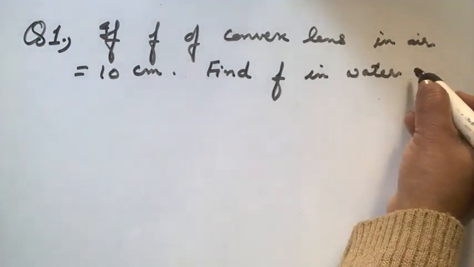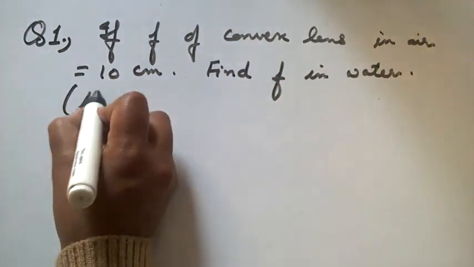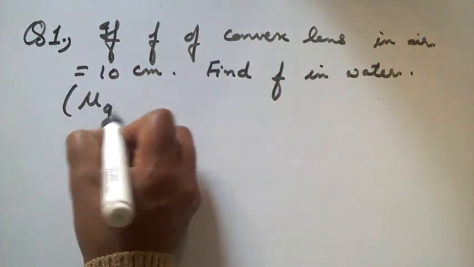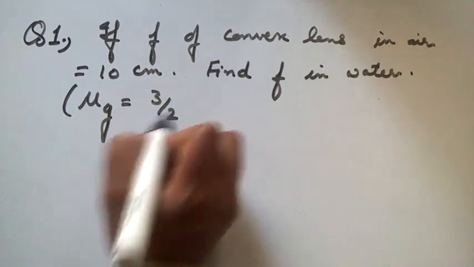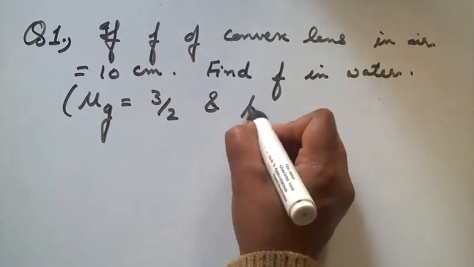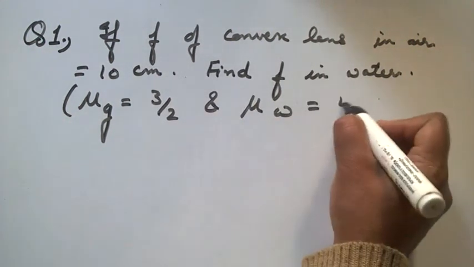Given that the refractive index of glass with respect to air is 3 by 2 and the refractive index of water with respect to air is 4 by 3.